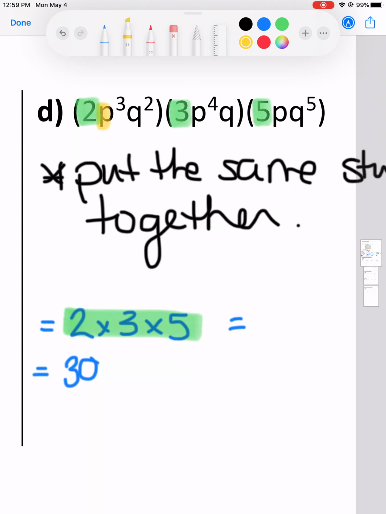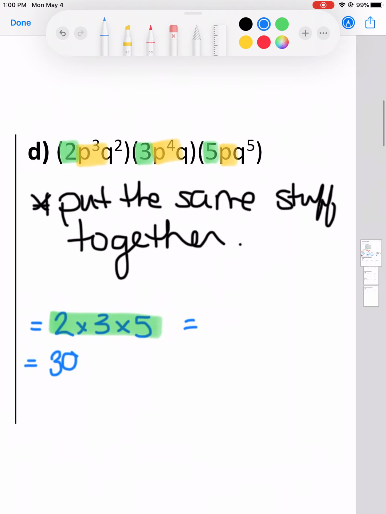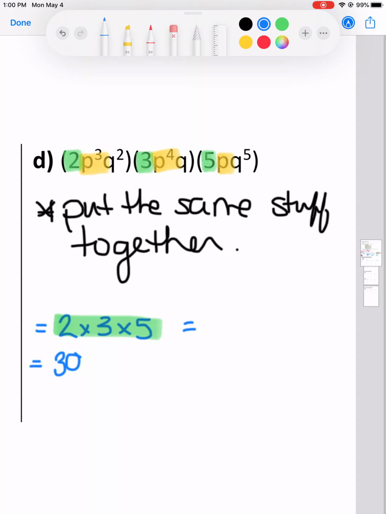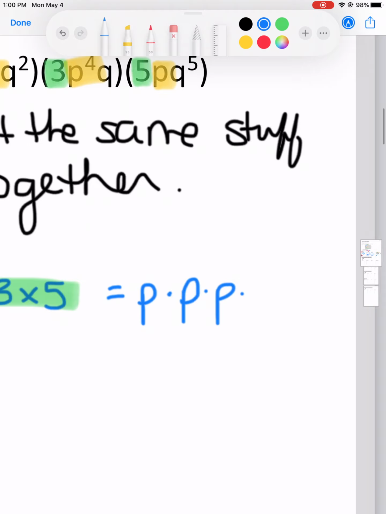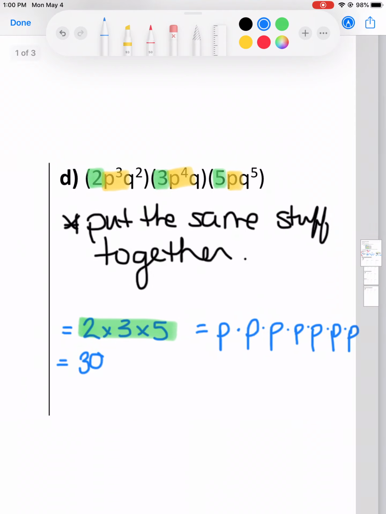So we have p to the power 3, p to the power 4, and p. Okay, there's going to be lots of p's here. So I've got 1, 2, 3, 1, 2, 3, 4. I need one more because of this guy.